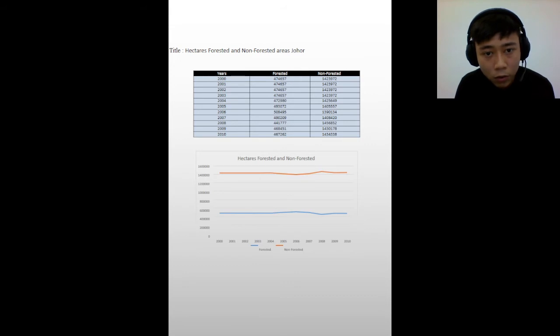In 2001, hectares forested is 474,657, and non-forested is 1.42 million.